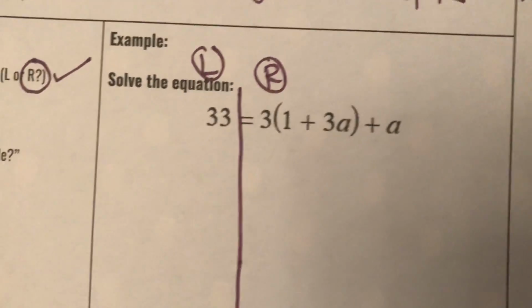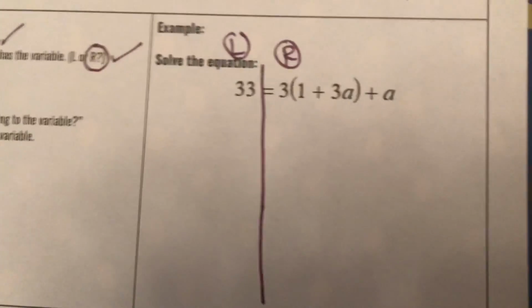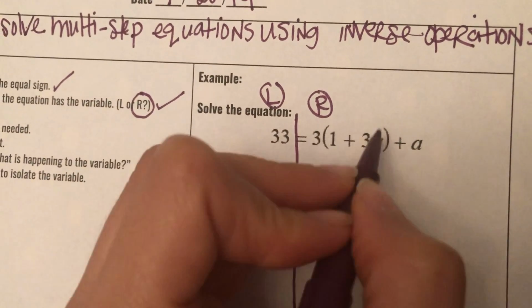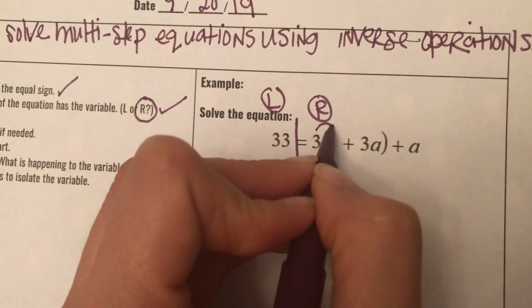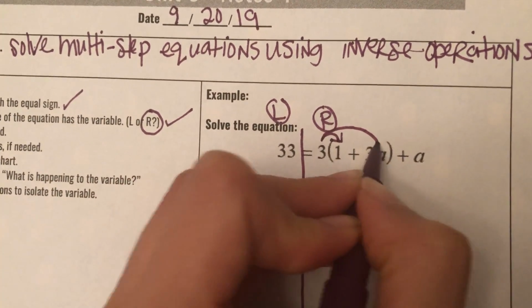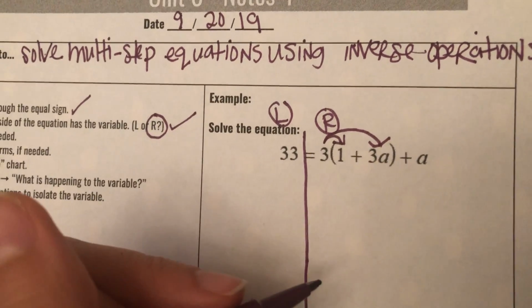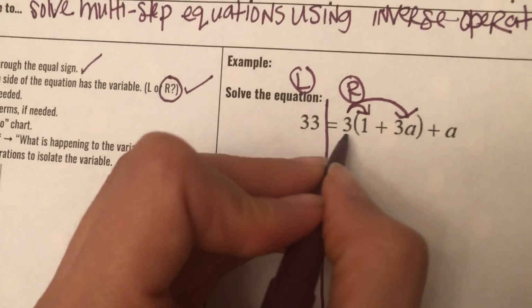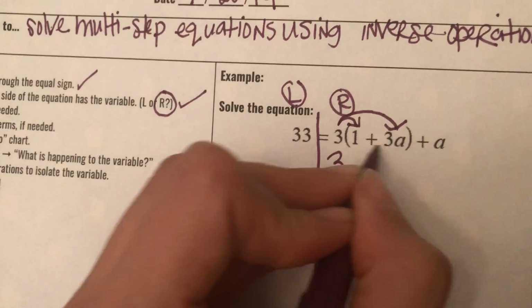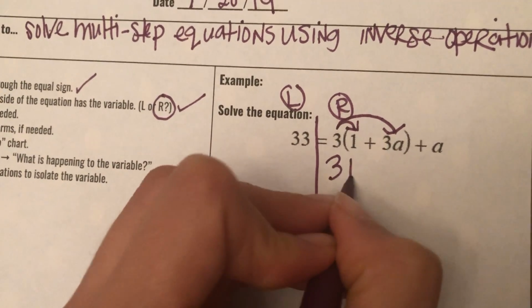Step 3 says to distribute if needed. So I'm going to go back to my equation and then I'm going to distribute on the right because I can see that there are parentheses which tell me I need to distribute. So I'm going to distribute the 3 to the 1 and the 3 to the positive 3a. So 3 times 1 equals 3, and 3 times 3a equals positive 9a.